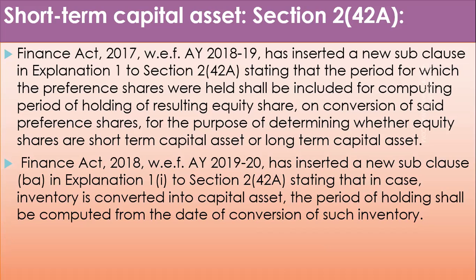For the purpose of computing this long-term gain, the date from 1st April 2019 would be considered, and a period of 2 years would be required under this section. So when I convert inventory into a capital asset, the date on which I converted would be the start of the period, and the value would be taken as of that date.